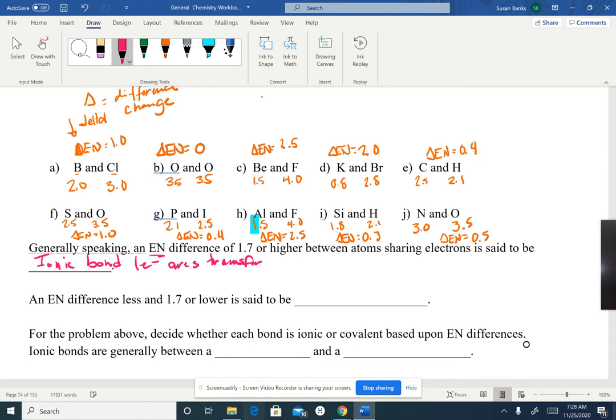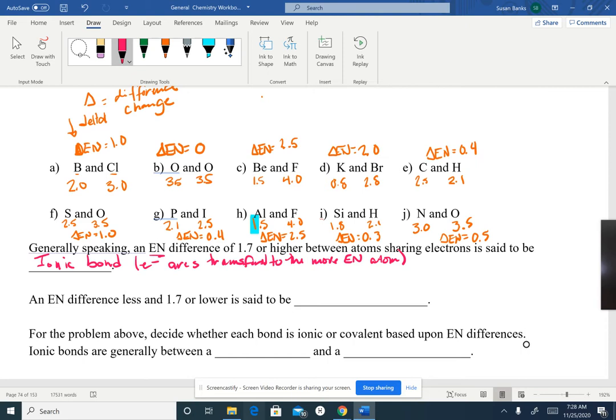They're transferred to the more electronegative atom, and the less electronegative atom loses the electrons.